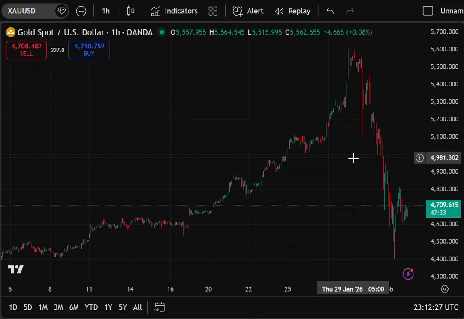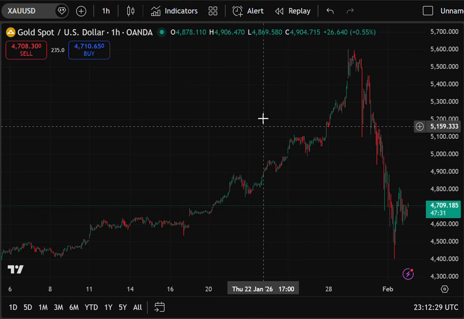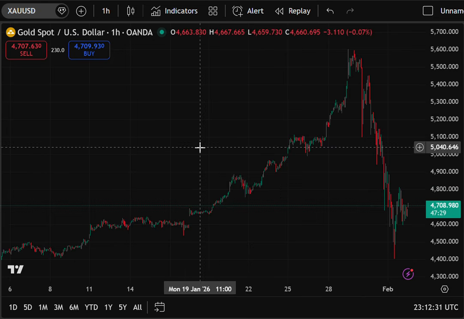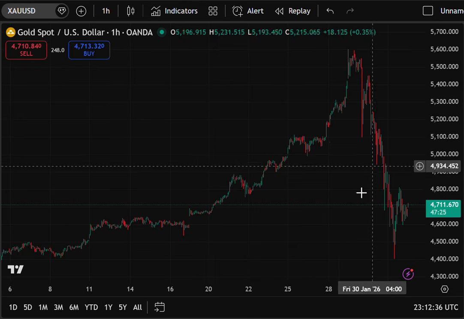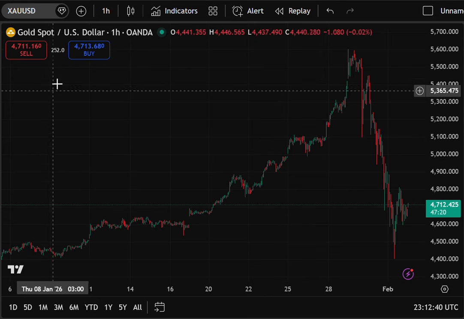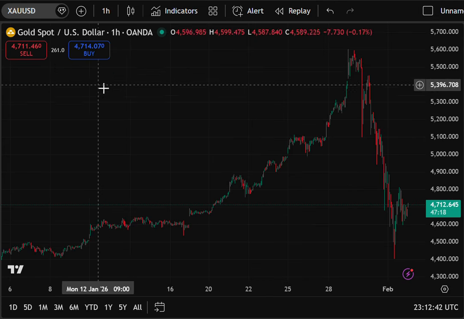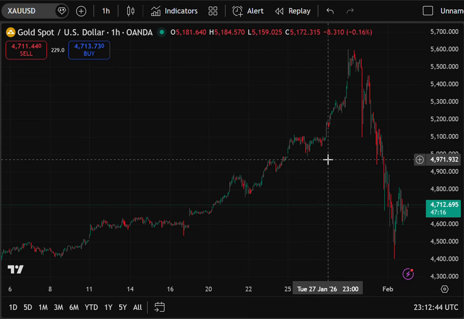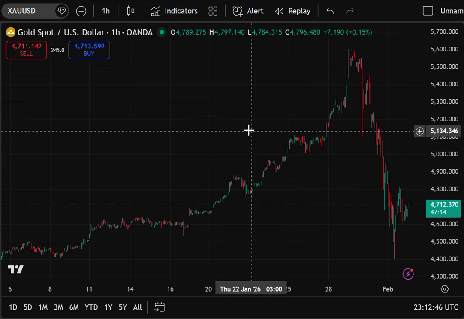Okay, so the moment you get into TradingView, this is literally what you're going to see when you move into the full chart mode. So this, for instance, is the chart for gold spot, which is XAU USD.